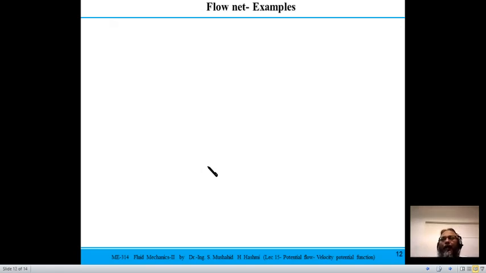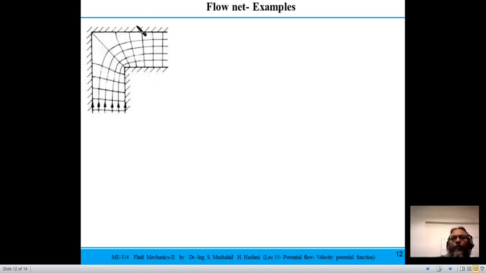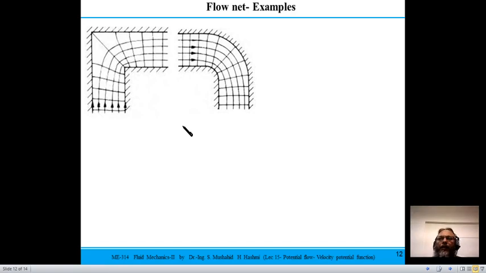And look at this example. We have a 90-degree bend, but this time a sharp bend. You see the streamlines are much closer, so the flow is much speedier. And at the edge there is a non-uniform distribution. How can we get rid of this non-uniform distribution?